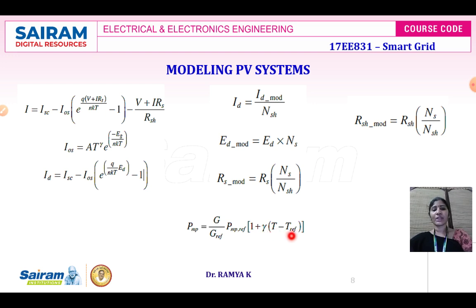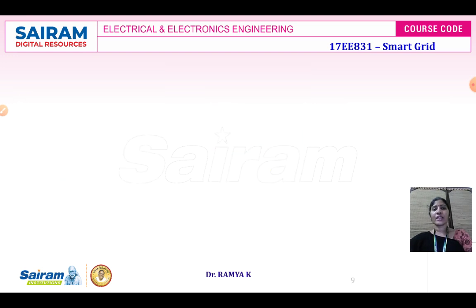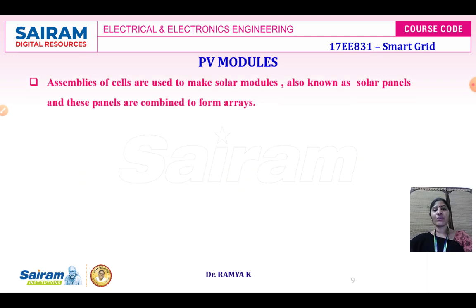T is your temperature and T reference is your reference temperature. Using this formula, we have to model the PV system for the diode current, diode saturation current, ideality factor, maximum power, series resistance, shunt resistance, and the amount of voltage that is going to be generated at the output. Next, we'll see the PV model.